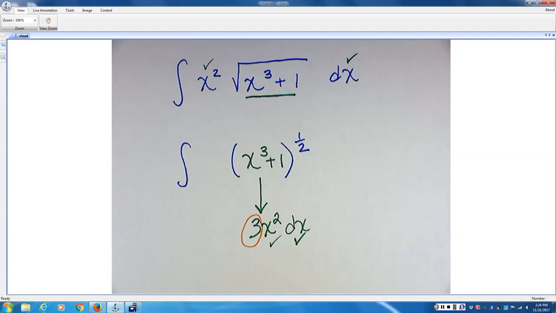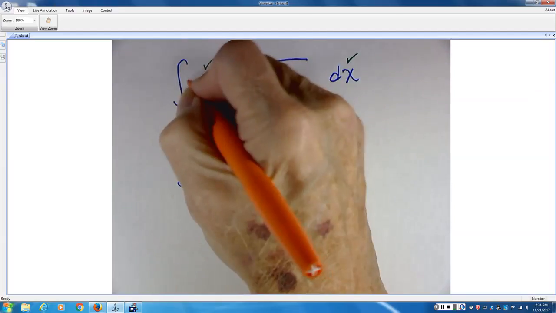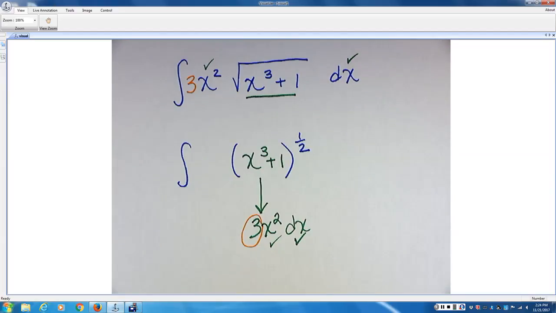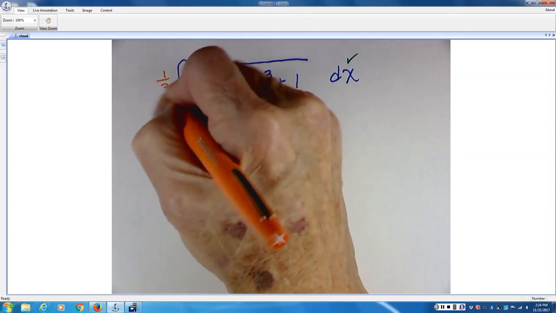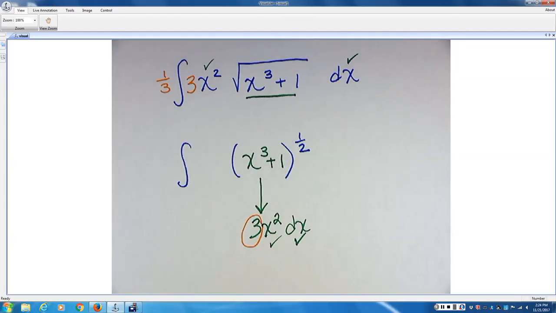How can I put in a 3 and not change the value of what's there? It's going to seem like trickery when I do it. I can, but now I've changed the value of the integral. Or maybe multiply it by 1/3. Okay?